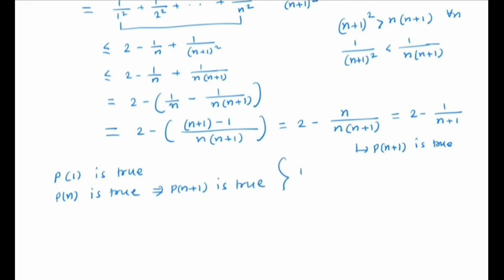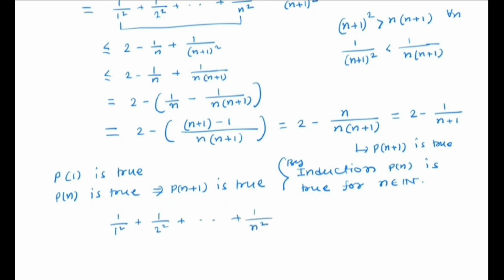So by mathematical induction, we can say that Pn is true for every n belonging to the natural numbers. Hence, we get the inequality 1/1² + 1/2² plus up to 1/n² is less than or equal to 2 − 1/n.